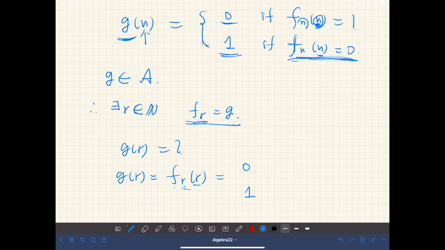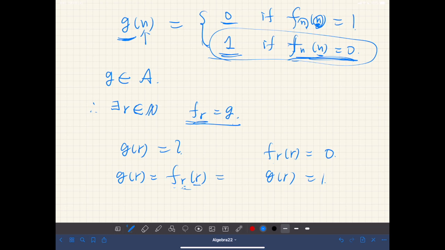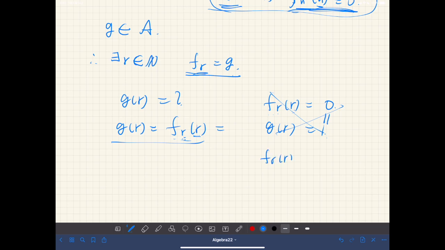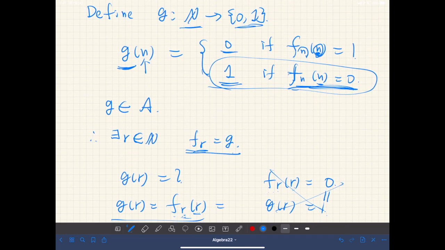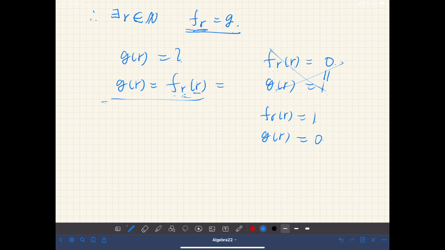But g(r) should be equal to fr(r). So this means 0 should be equal to 1, but this cannot happen. And if fr(r) is 1, then g(r) should be 0 by the definition of g. But this cannot happen. Therefore, either way, this is a contradiction.